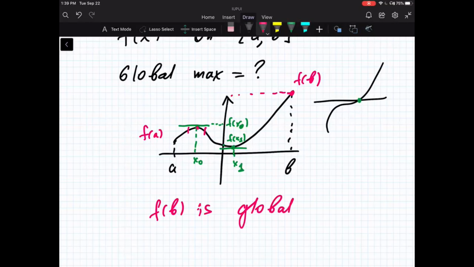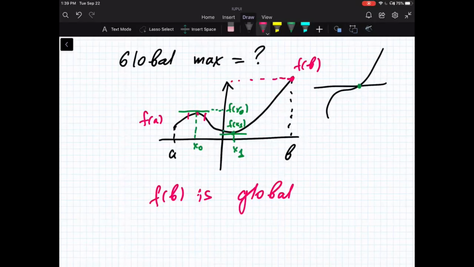So what I want to say is that if you have some interval, then you should not only check the critical points, but also check the endpoints, because they can be global minimum or maximum. And the same, you should compare f of a with f of x1.